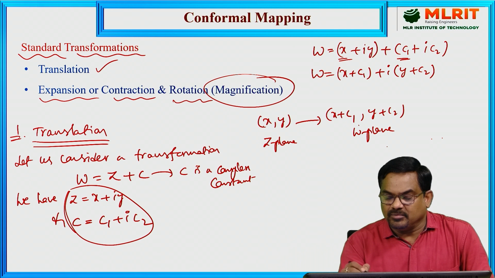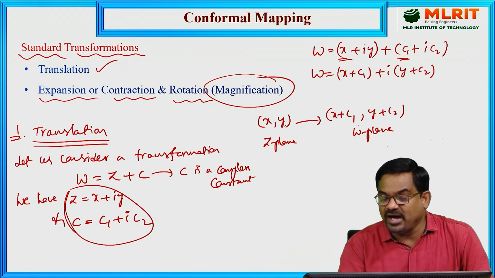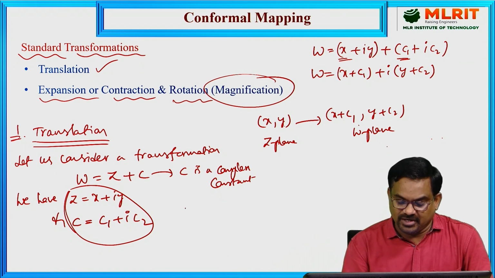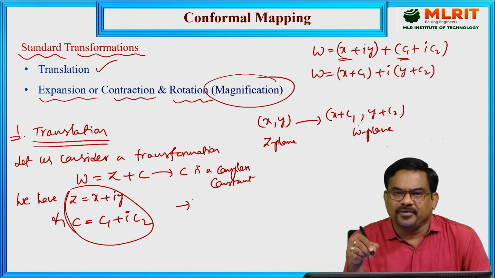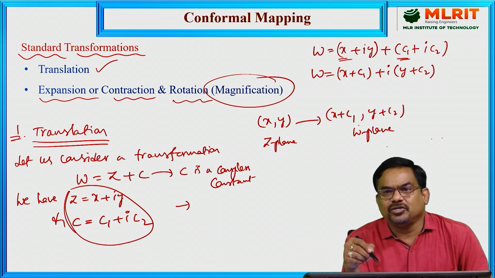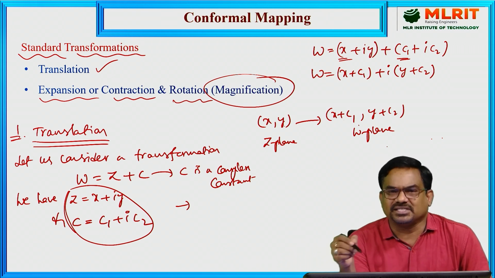So here both are similar. Here we have X, here X plus C1, Y, Y plus C2. That means this transformation transforms a figure in Z plane to the W plane of the same size and shape.